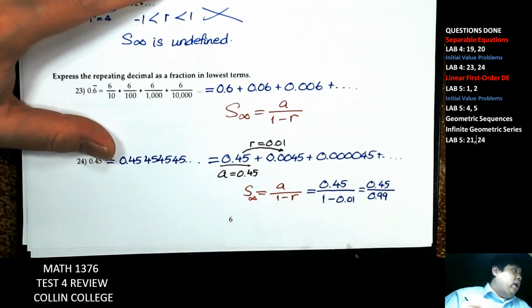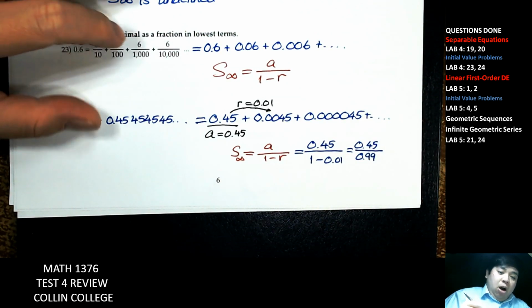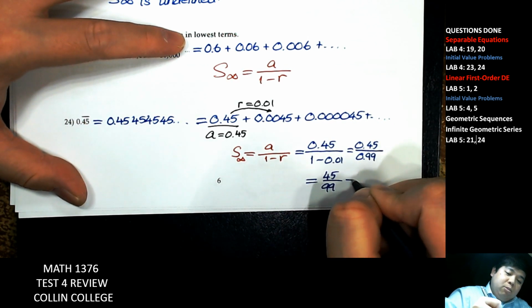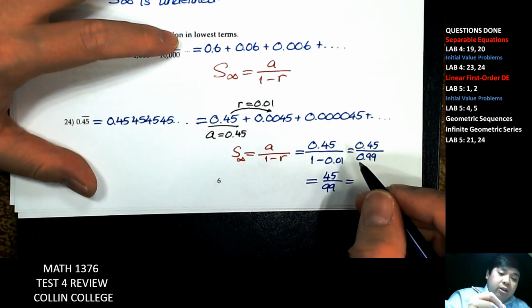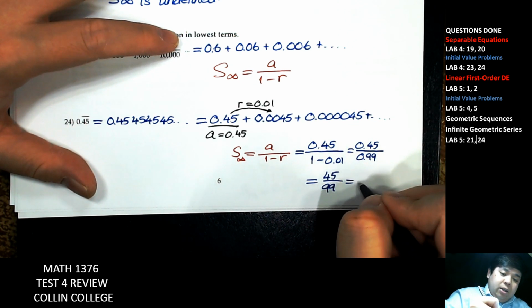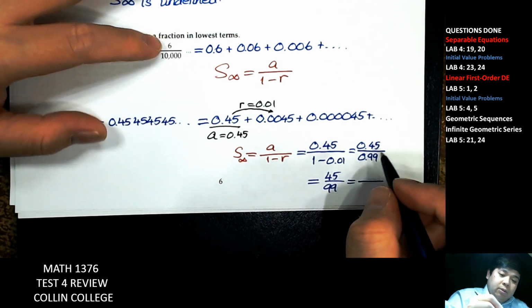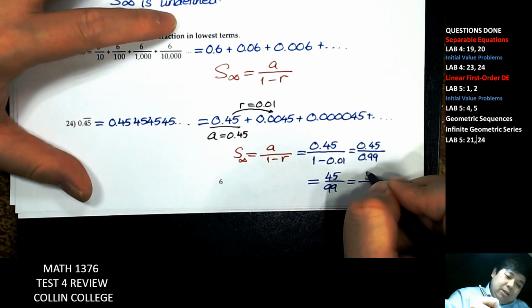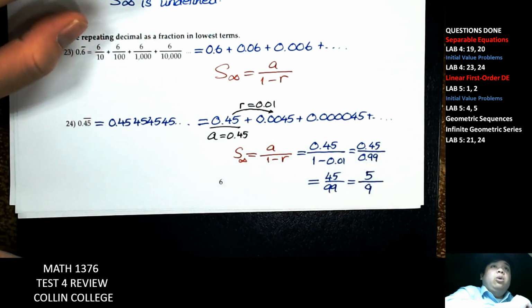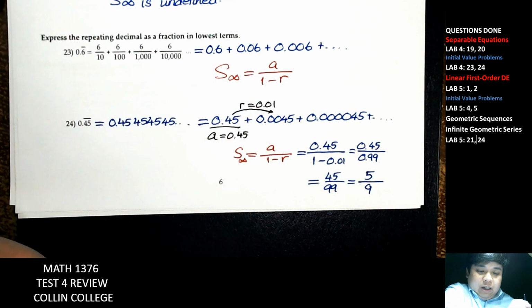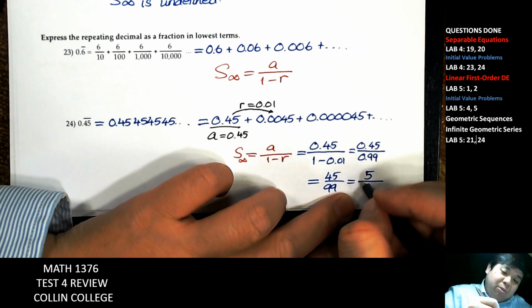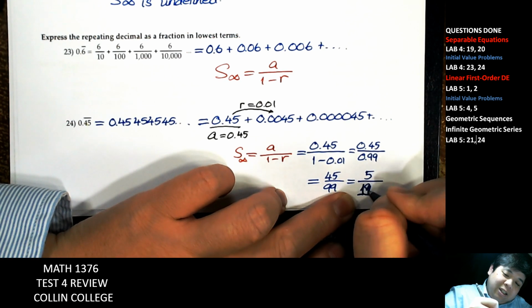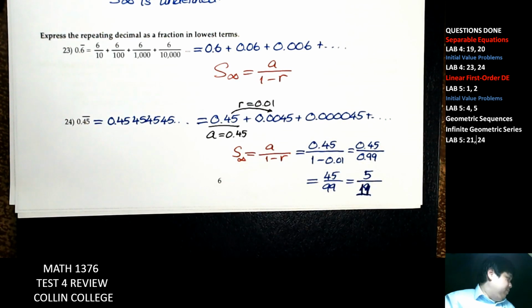Or if we just multiply 100 on the top and the bottom, we'll just have 45 over 99 and reduce that by 9. Sorry, by 9, so we have 5 over 11.